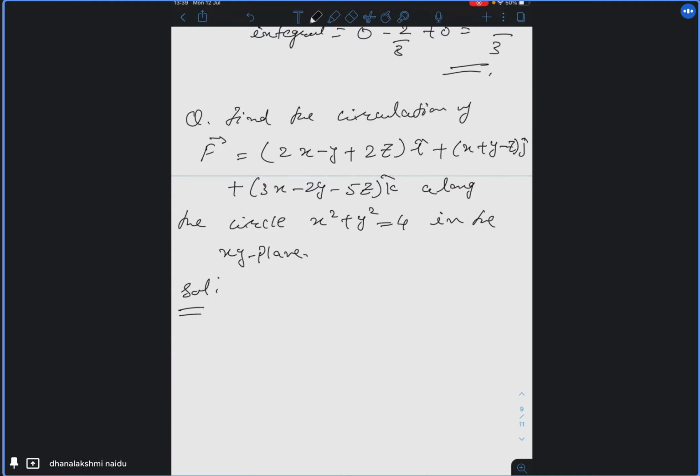I suggest you to convert this into polar coordinates and then solve. That would be easy. Otherwise, it's your wish. In any way, you can solve it. No restrictions.